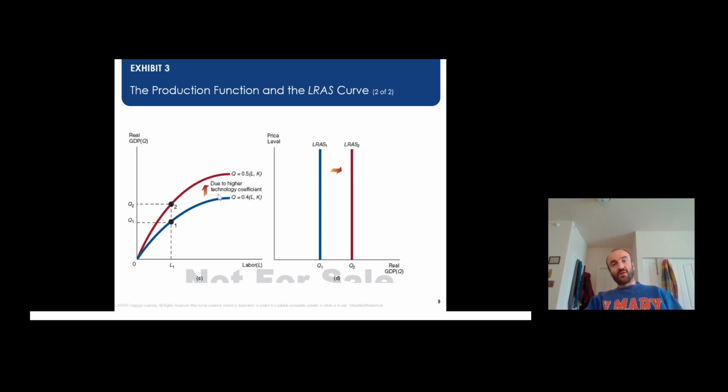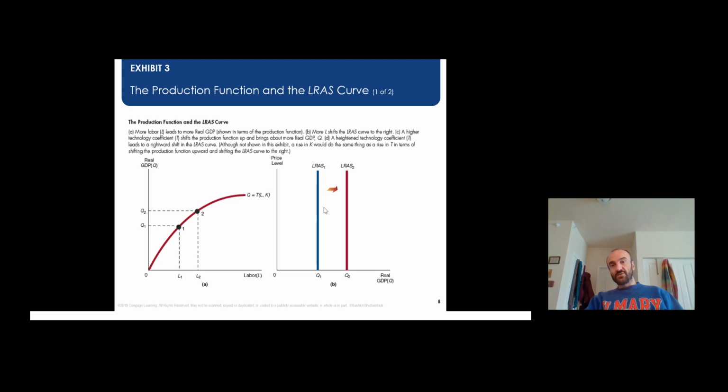So you see, with a higher technological coefficient, you can increase your total amount of goods and services produced by increasing the quantity of labor. This is going to happen.